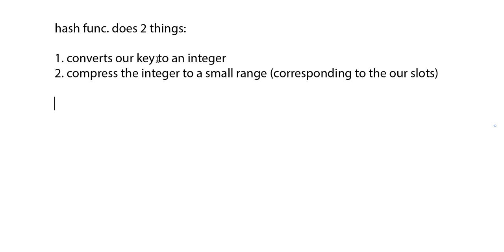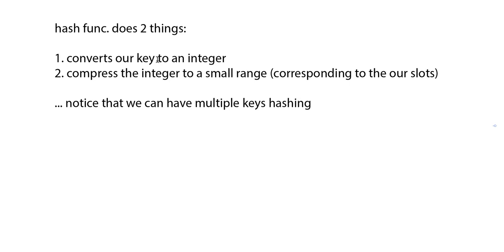Okay, so now we notice that we can have multiple keys hashing to the same slot, right? When this happens, we call it a collision. So if multiple keys hash to the same slot, we say that we have a collision.